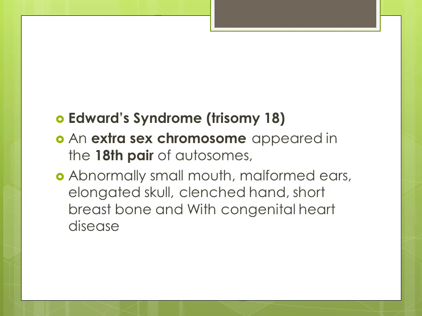Next, we have Edwards syndrome, that's trisomy 18. Here, an extra chromosome appears in the 18th pair of autosomes. So in the 18th pair, instead of having two, it will have another chromosome attached. They have an abnormally small mouth, malformed ears, elongated skull, clenched hands, short breastbone, and congenital heart disease.